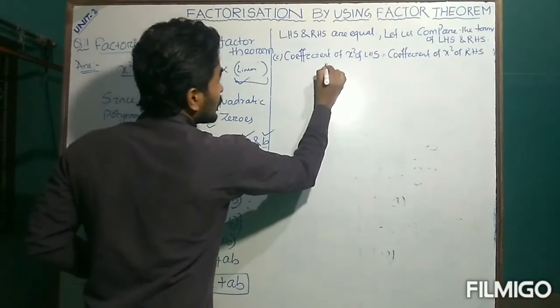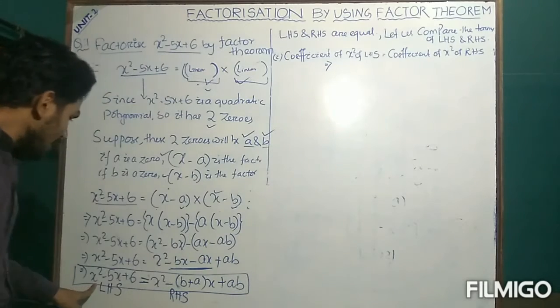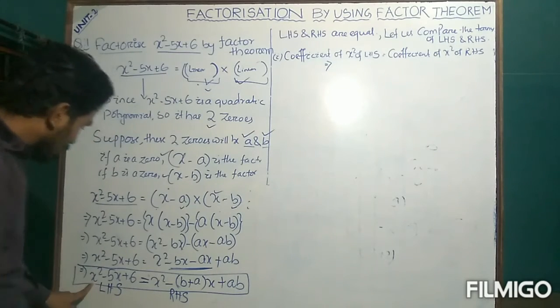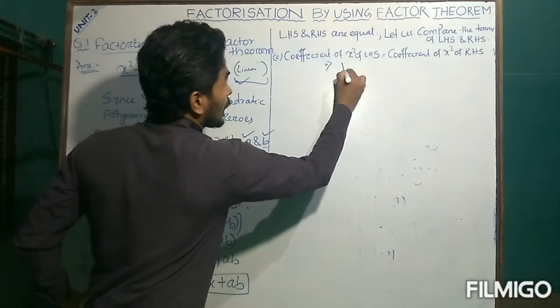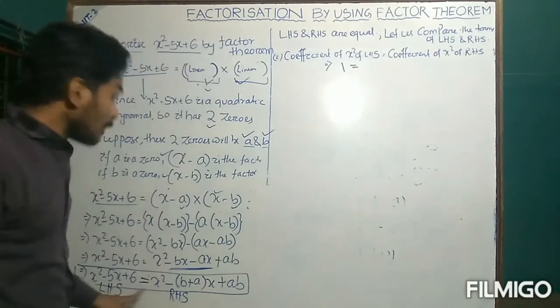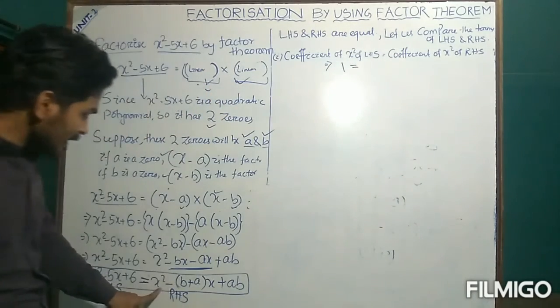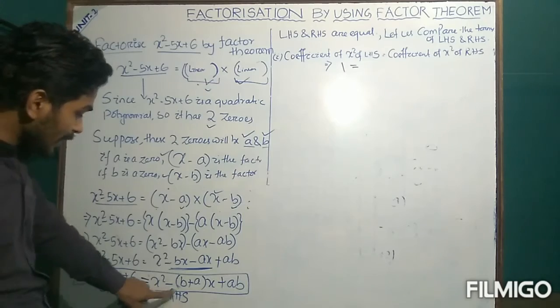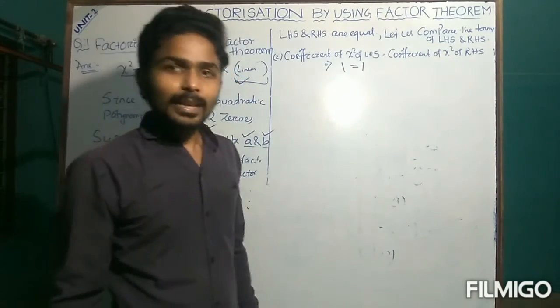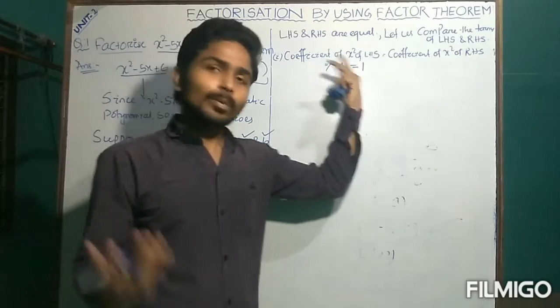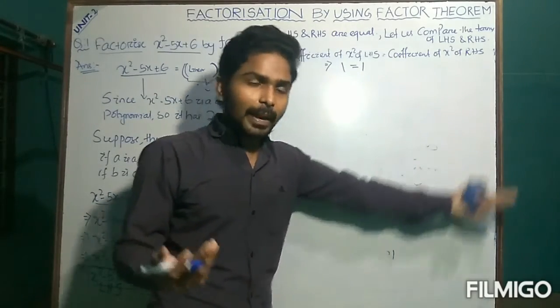Here you can see the coefficient of x square is 1. The coefficient of x square of LHS is 1, and what is the coefficient of x square of RHS? You can see the coefficient of x square in RHS is also 1. That means 1 is equal to 1. This is checked or verified.